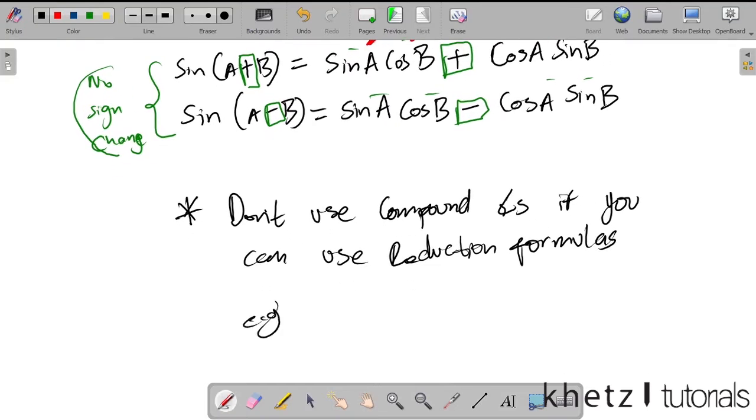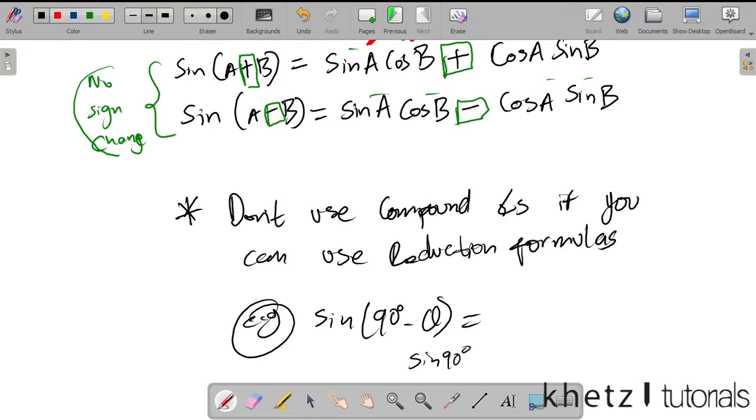Reduction formulas are what we discussed in our previous video. For example, if you have sine of 90 degrees subtract theta, don't split this into sine 90 degrees cosine of theta subtract cosine of 90 degrees sine of theta. This is too long and quite unnecessary, let's say in a test situation.